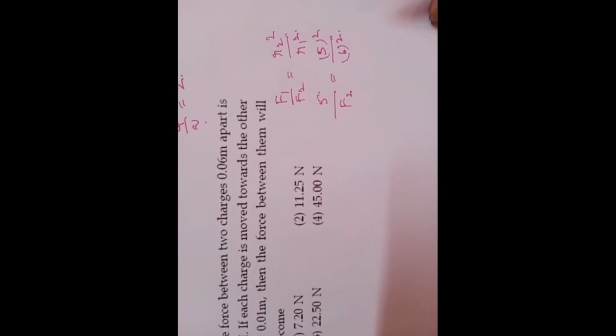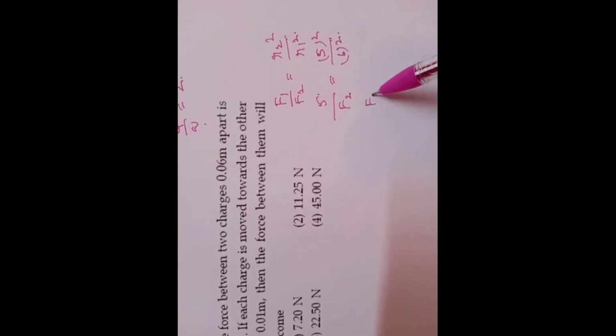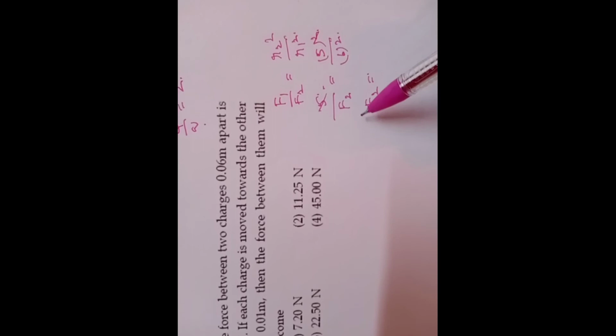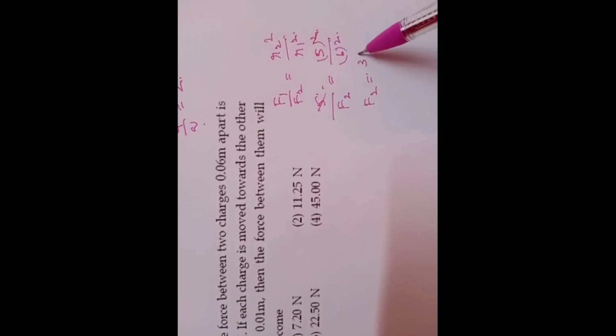If we calculate this, F2 is equal to, 5 will cancel, bring F2 this side, so 6 square is 36 by 5. 5 7s are 35, so 1 will remain, means 7.2. The new force between them will become 7.2 newtons. Is that point clear?